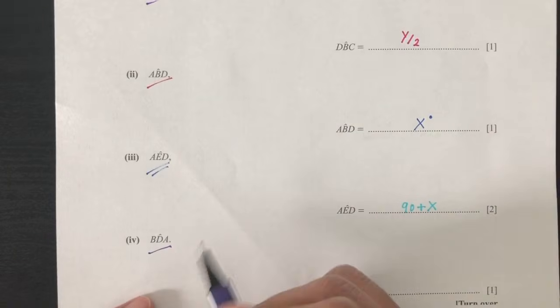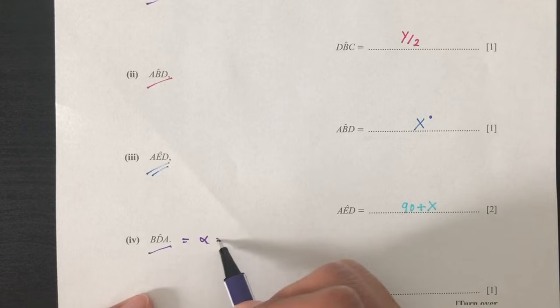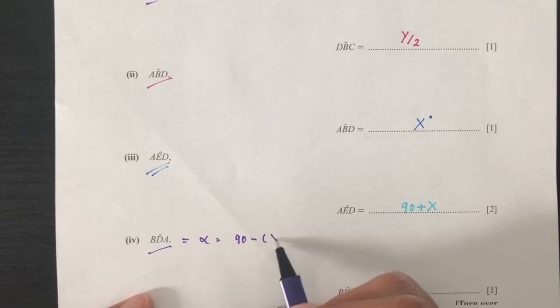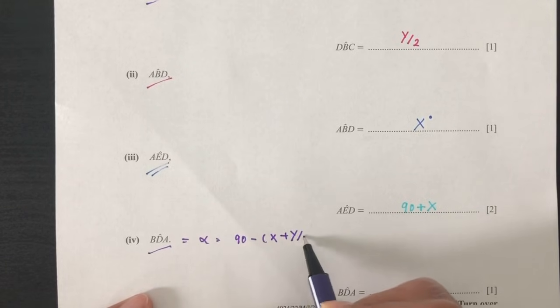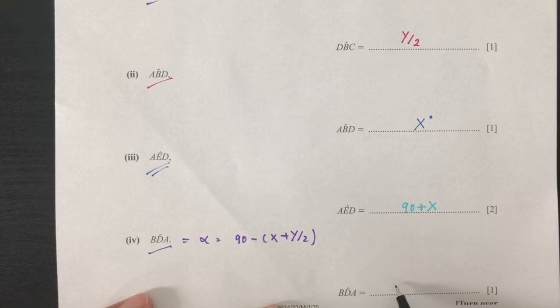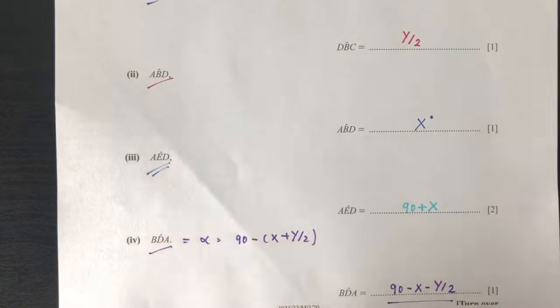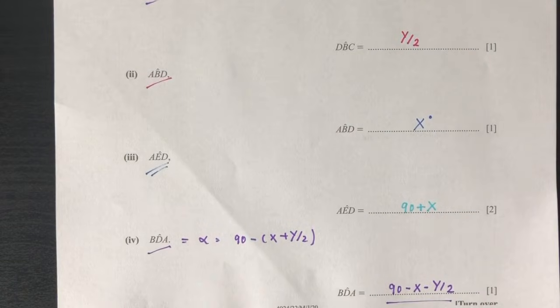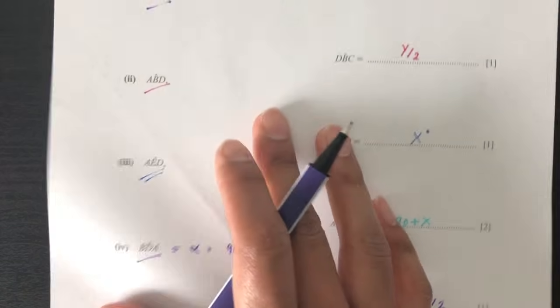Basically it is equal to alpha, which is 90 minus (x plus y over 2). So you can write 90 minus x minus y over 2 for this one. Okay, that will be question number 9.